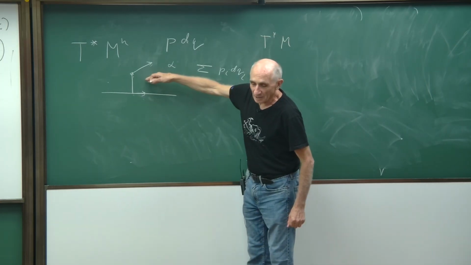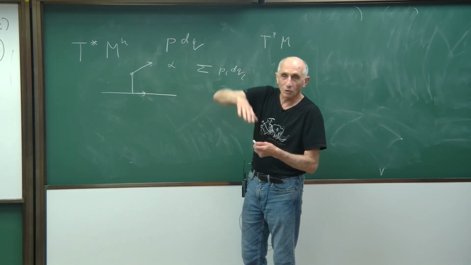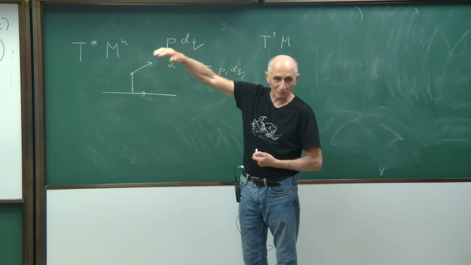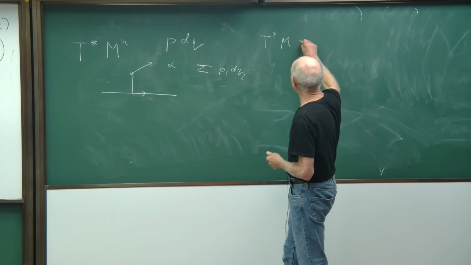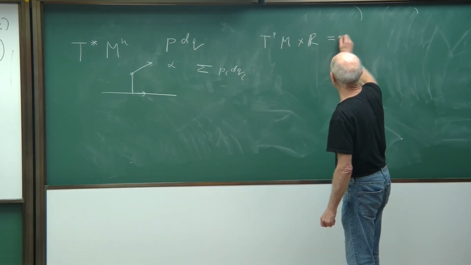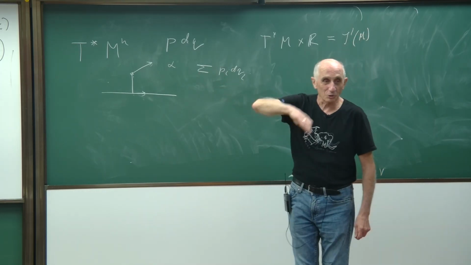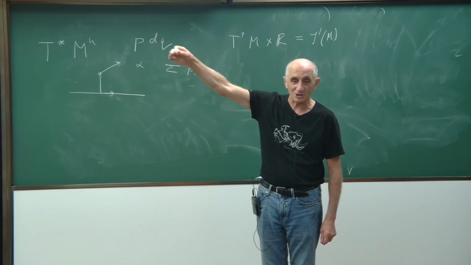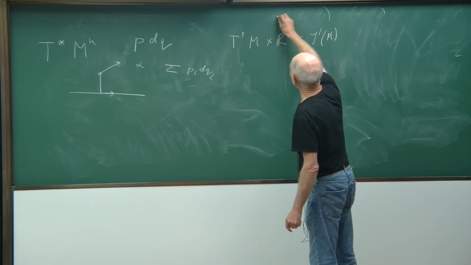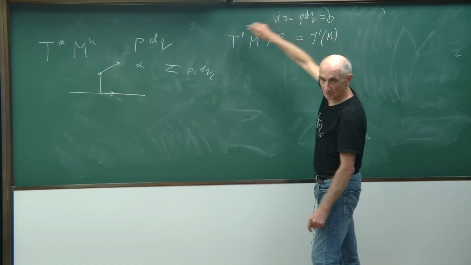You can think of the cotangent bundle as a placeholder for all first derivatives of any function, and if you add one more coordinate, this is called the one-jet space, a space where you can draw simultaneously the graph of a function and its derivative. It has a canonical contact structure, which you can write as dz minus p dq equals 0.